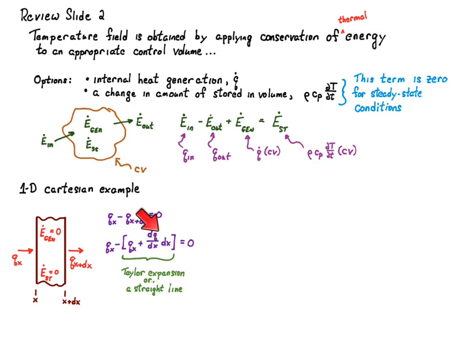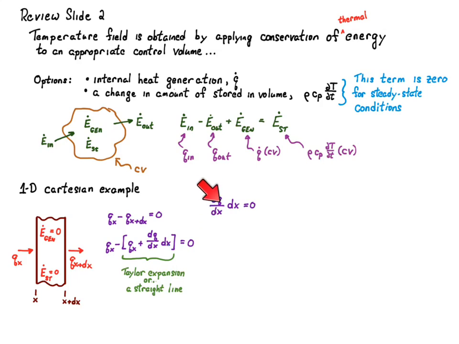So it's basically mx plus b. That's essentially the equation of a straight line. So once we apply that, or essentially simplify this function, the qx terms cancel out, and we're just left with this differential term.